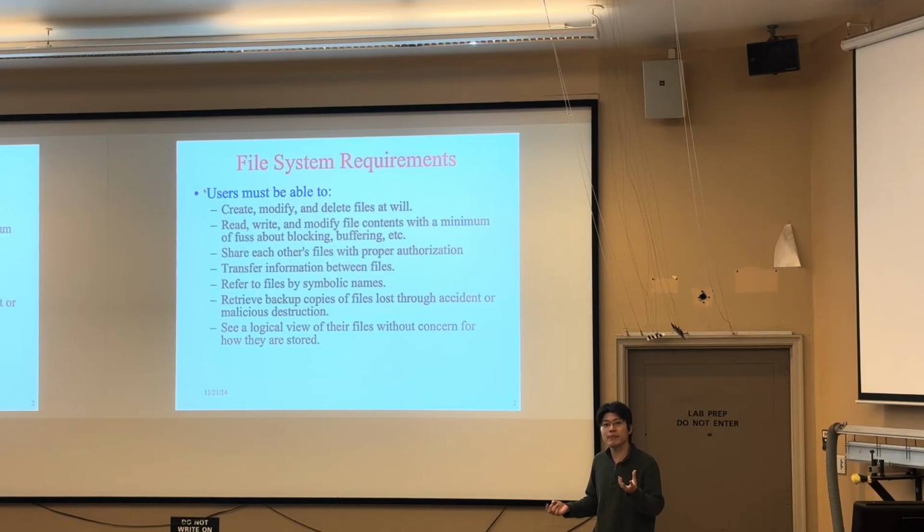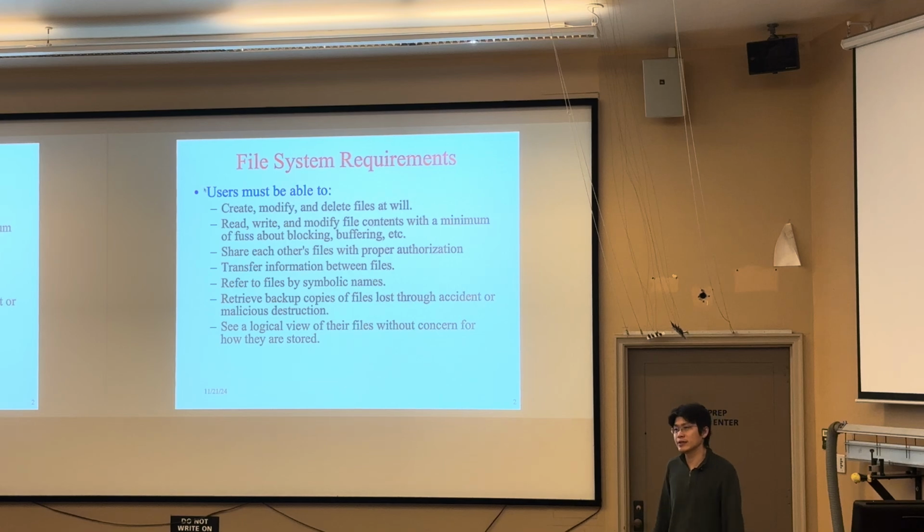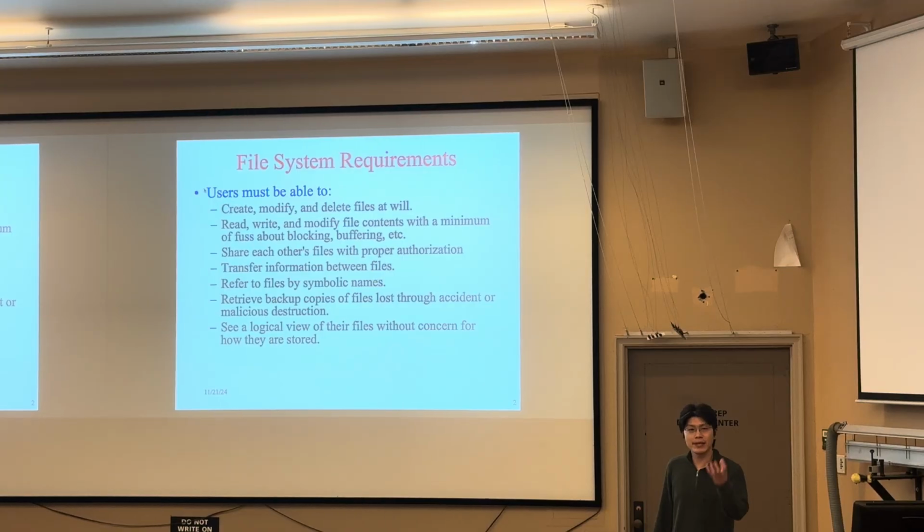How do you map the user's view of a tree structure to the blocks in the external storage? That's how a file system is designed. That's the core question that file system design answers: mapping the tree structure that humans use to block-level storage, how to do it efficiently, and also safely.